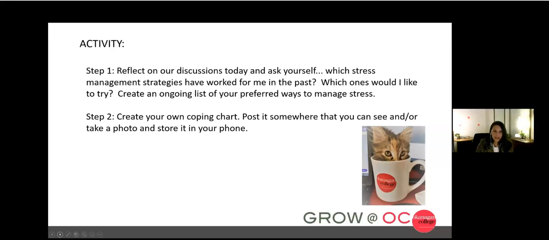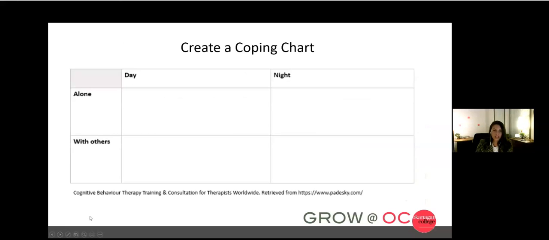And then we do have a coping chart here, and you're more than welcome to create something like this for yourself. But again, it's just a way to put down things and strategies so that it's really easy to draw on when you're feeling overwhelmed. So this is looking at what can I do during the day when I'm alone to help manage stress?